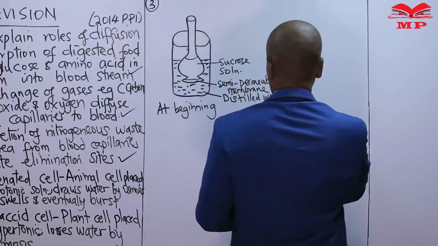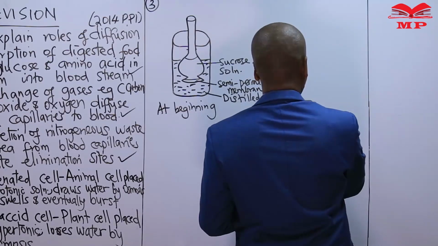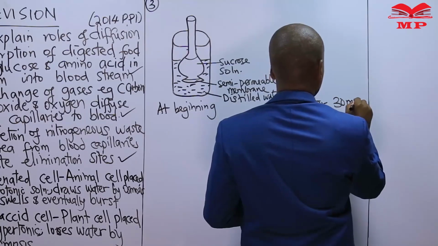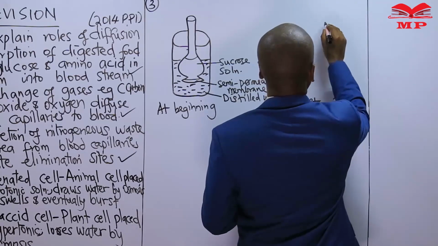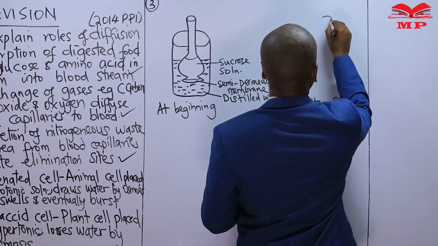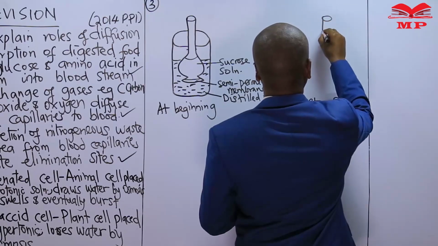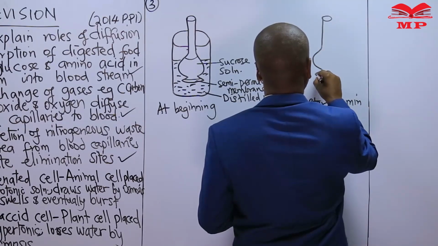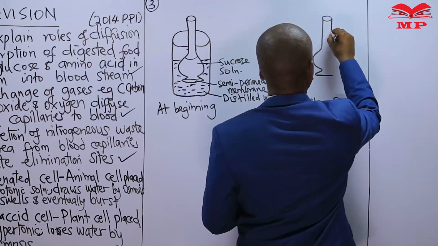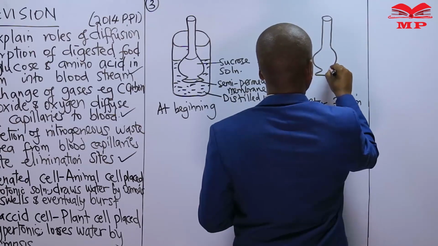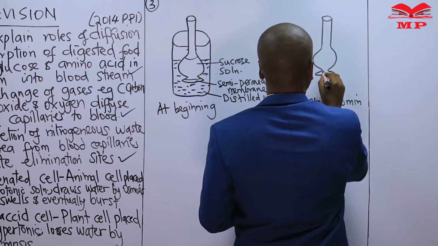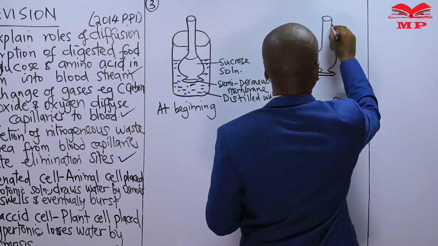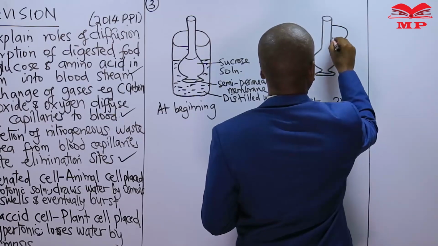Then we have a result that is showing after 30 minutes. This is a similar diagram, but showing a result. So here we have the same or similar diagram with a beaker there.